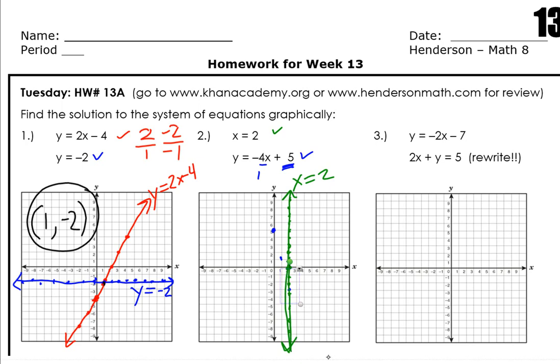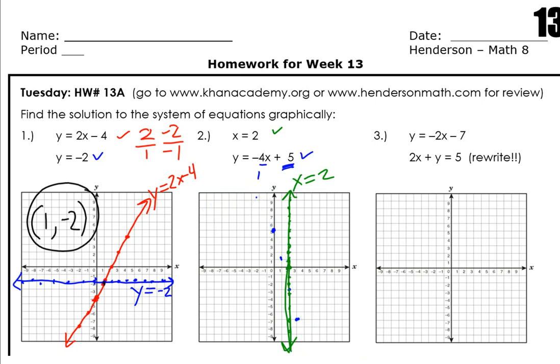So I can continue drawing this blue line. I can extend this blue line further here by going down 1, 2, 3, 4, over 1, labeling my line, y equals negative 4x plus 5, and then finding the solution that they have in common. So my line, not so good. That's why you want to use a straight edge.